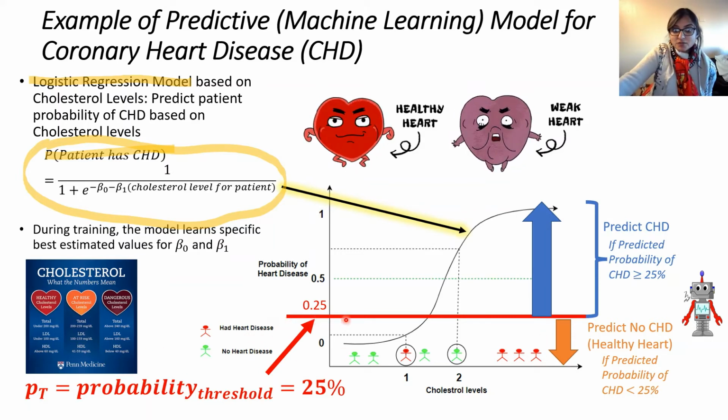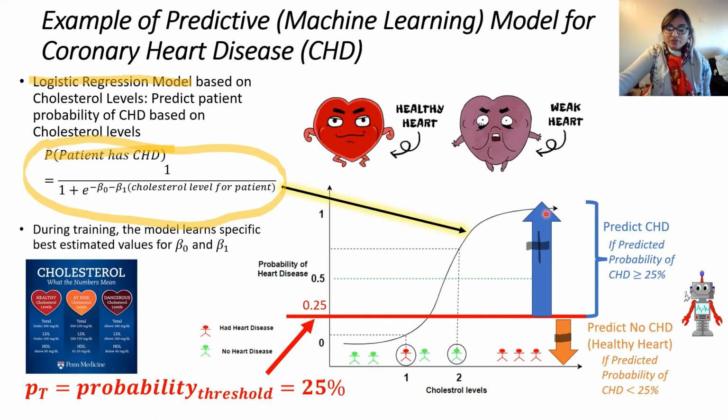And so again, this shows how the probability thresholds are useful. But you see that the range of probabilities where we predict CHD, the positive outcome, the positive class, is much bigger than the range for the negative.